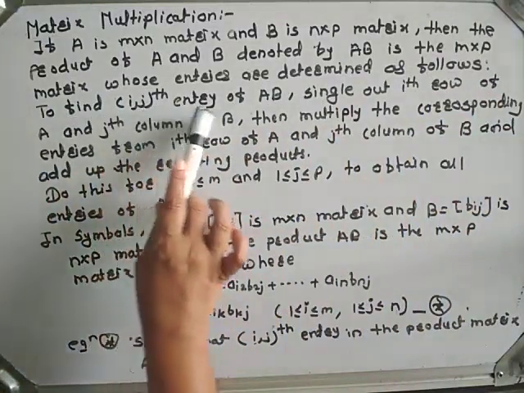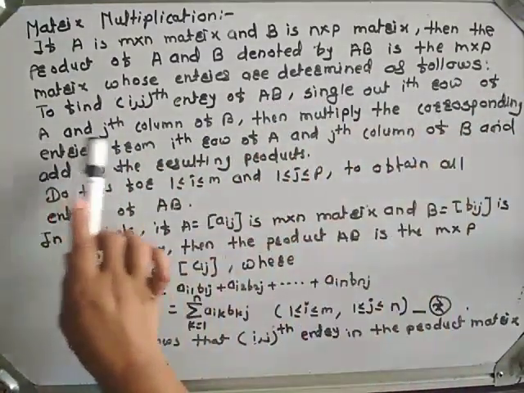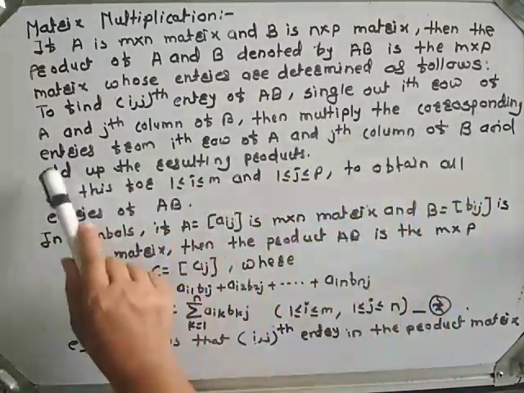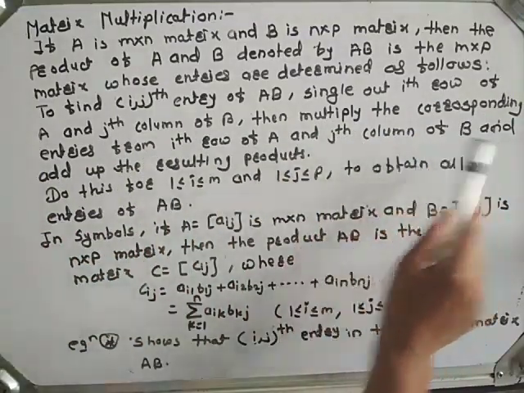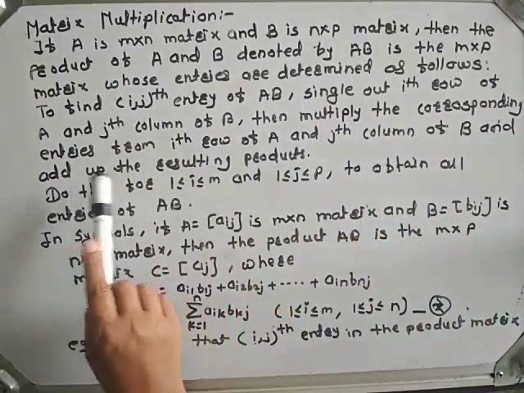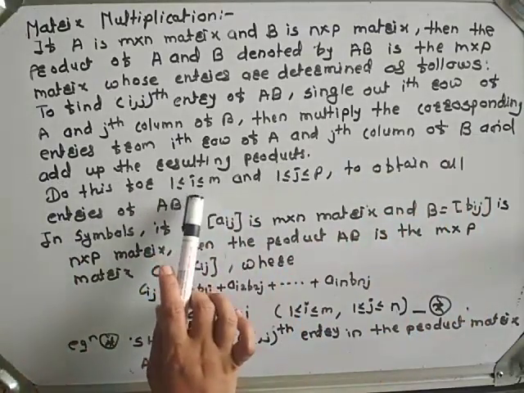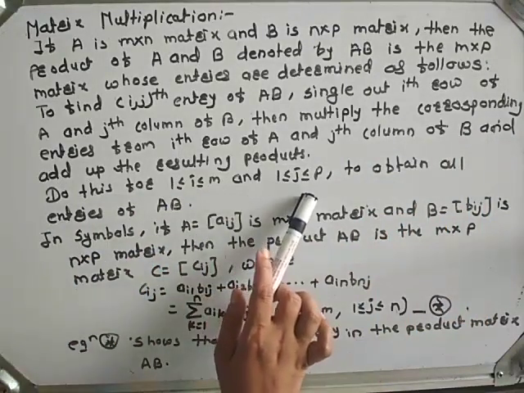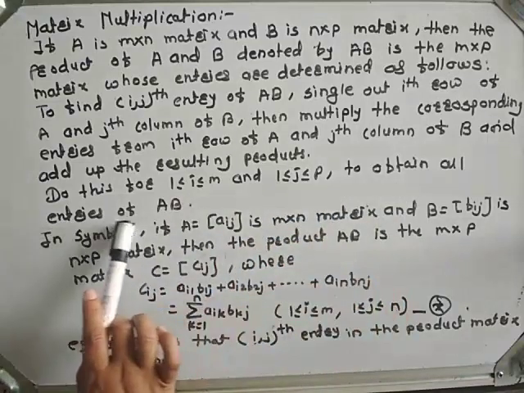To find the ijth entry of AB, single out the ith row of A and the jth column of B, then multiply the corresponding entries from the ith row of A and the jth column of B and add up the resulting products. Do this for 1 less than or equal to i less than or equal to m and 1 less than or equal to j less than or equal to p to obtain all entries of AB.